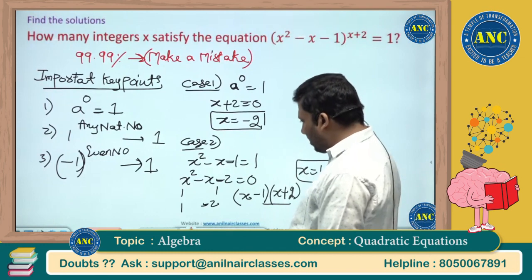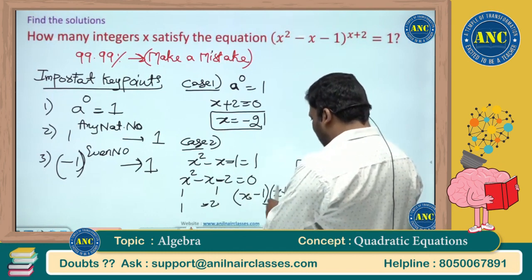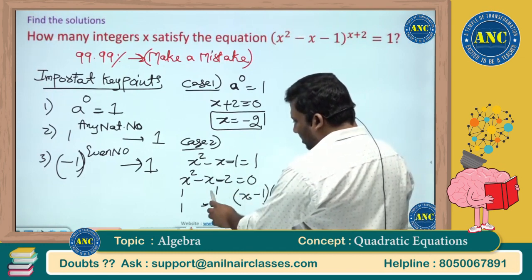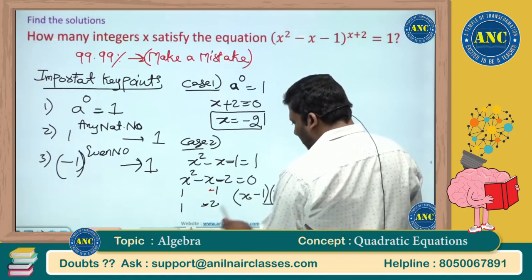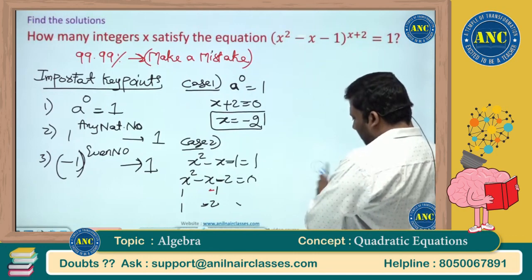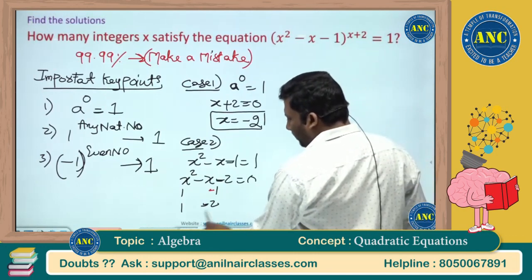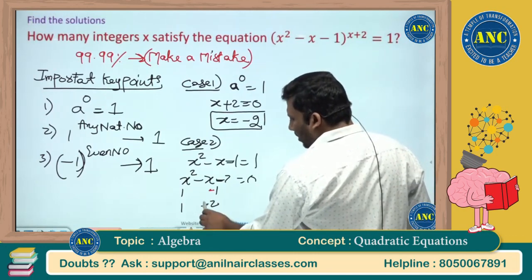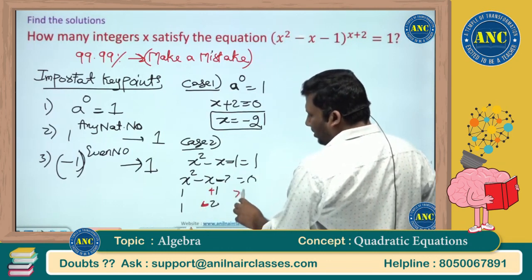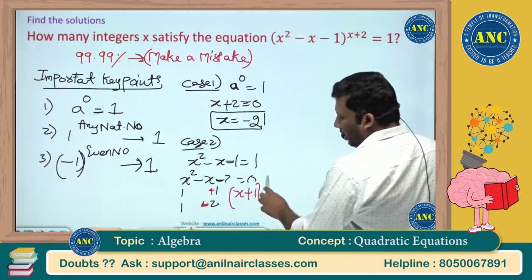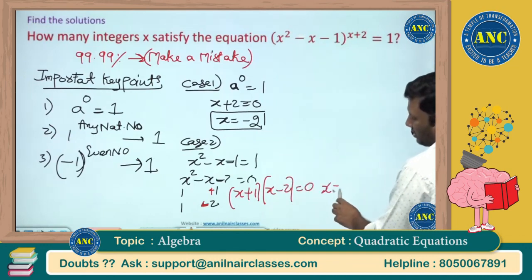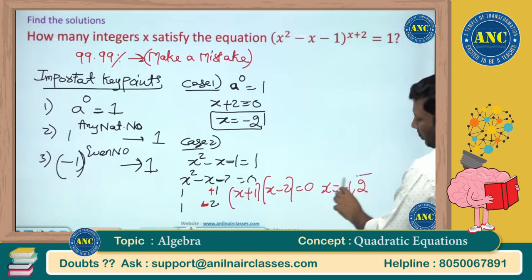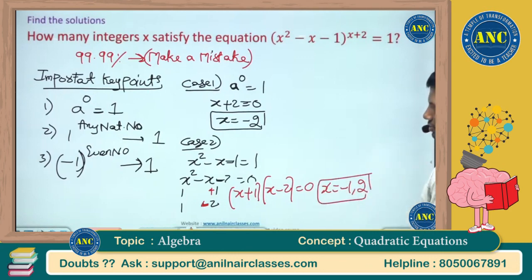I made a mistake here: it will be (x + 1)(x − 2) is equivalent to 0. So x is equivalent to minus 1 comma 2. This is case number 2.